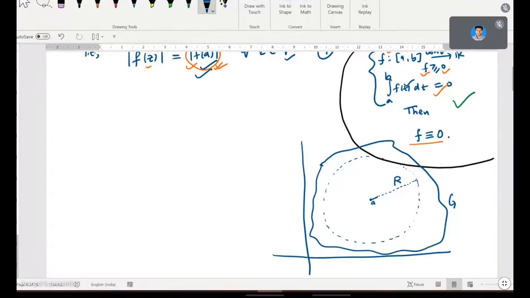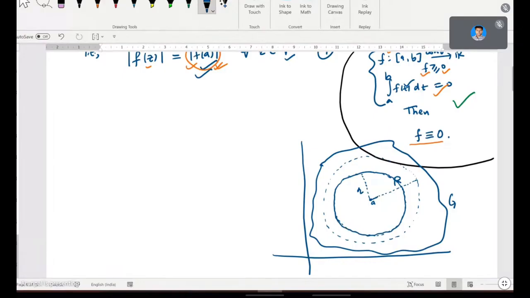Then I took another open ball, also centered at A, and I took this ball so that even the closure of this ball, and its radius was R, even the closure of this ball was sitting inside this bigger ball.